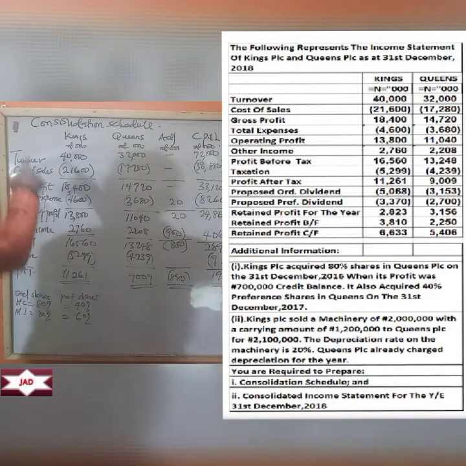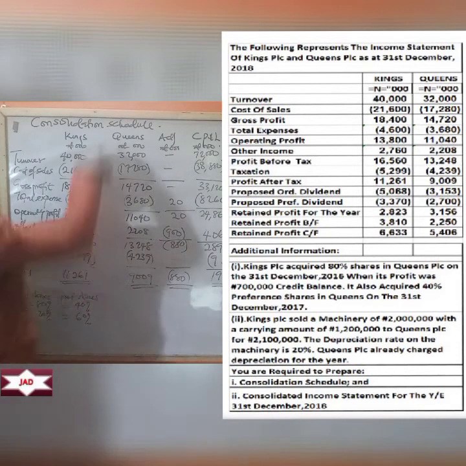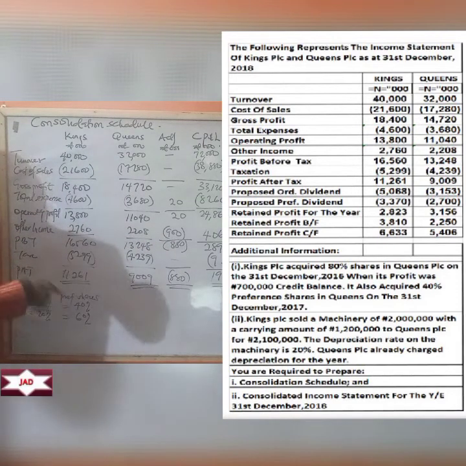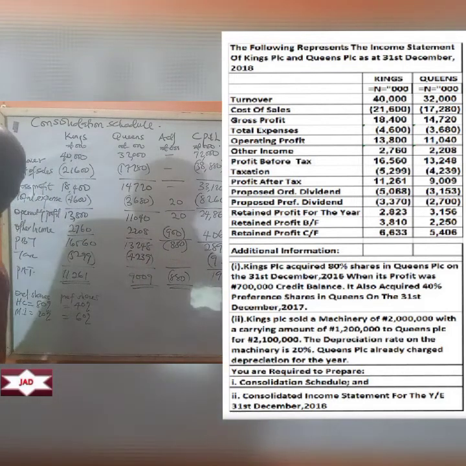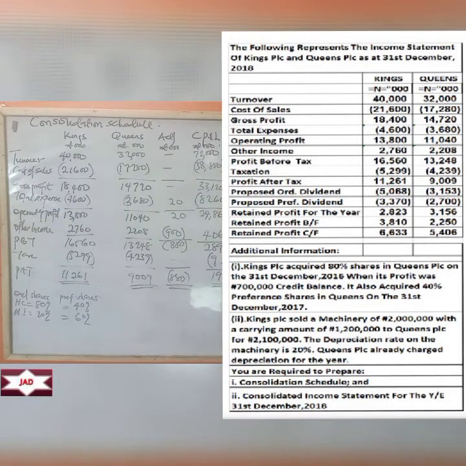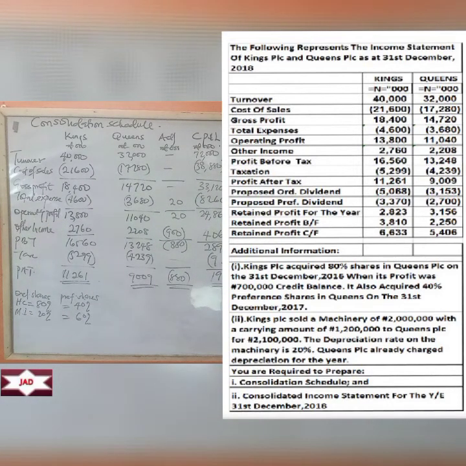So now we have profit after tax here for Queens, which is for both minority interest and holding company. Remember, there's preference dividend. So we want to know what is the preference dividend. According to the question, preference dividend declared by the subsidiary is 2,700.